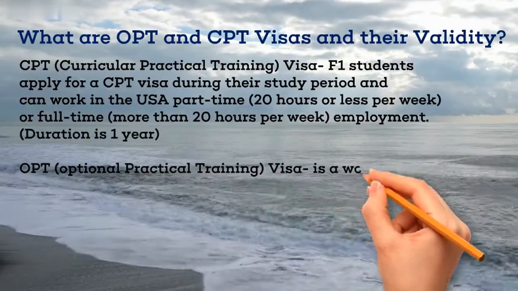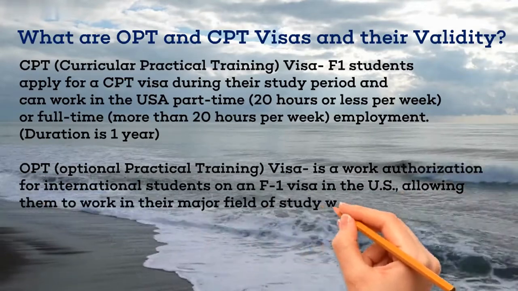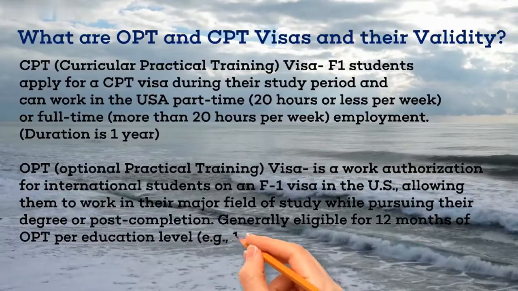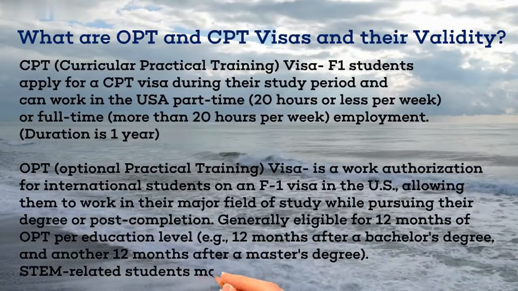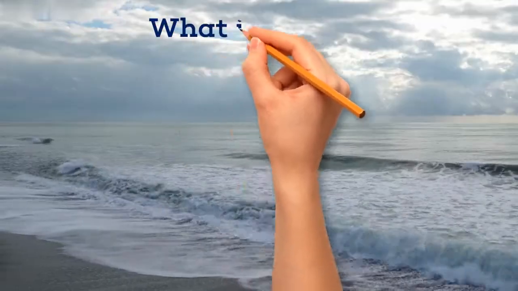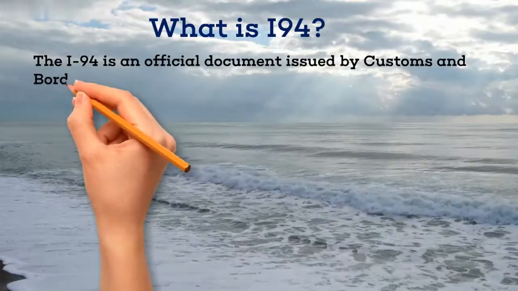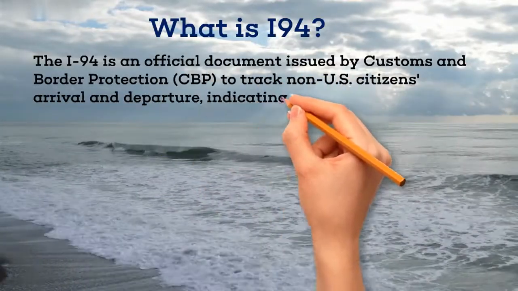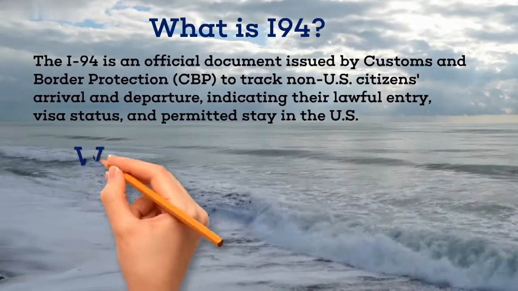The OPT visa allows international students on F1 visa in the US to work in their major field while pursuing their degree or post completion, with STEM-related students receiving a 24-month extension. What is I-94? The I-94 is a CBP document tracking non-US citizens' arrival and departure, indicating their lawful entry, visa status and permitted stay in the US.